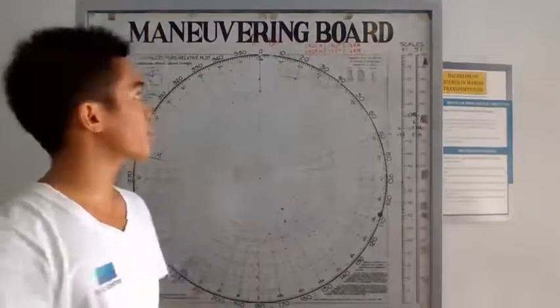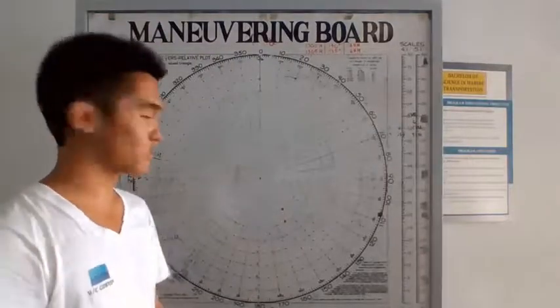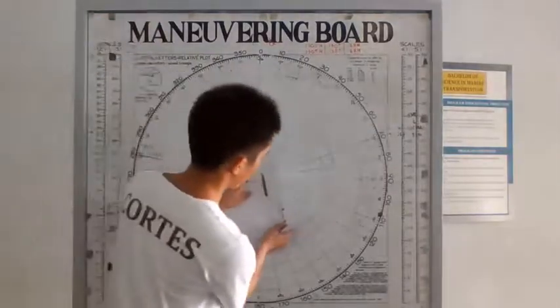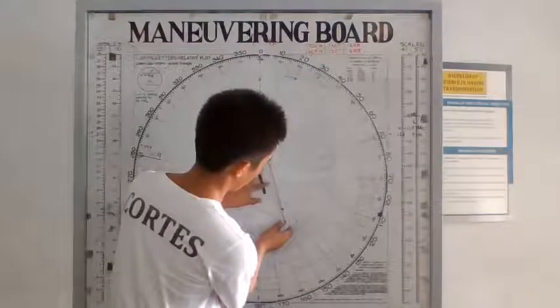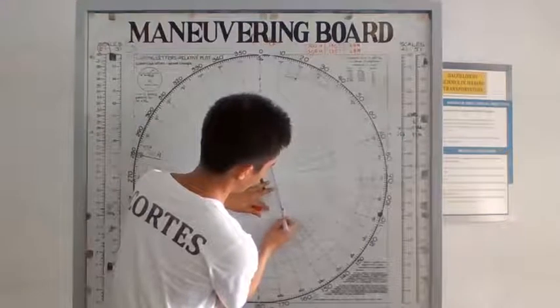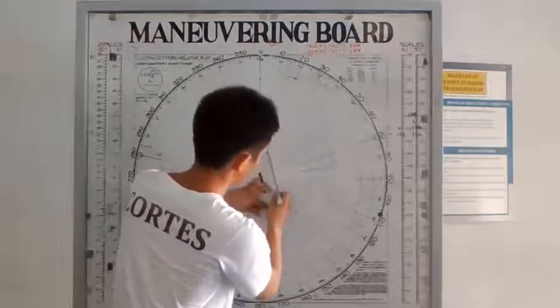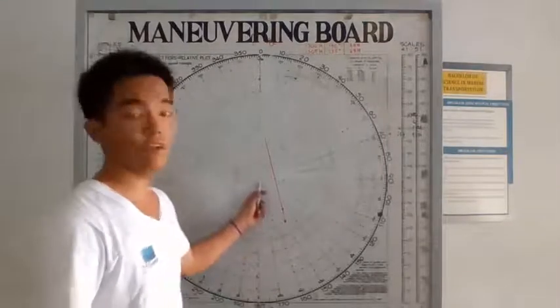After we were able to plot our target's observation, we will now be able to make the relative motion line. To be able to determine our closest point of approach, we must make a perpendicular line and extend it to the center of our maneuvering board.